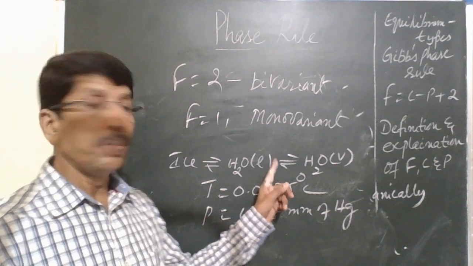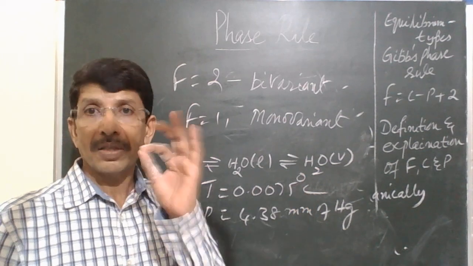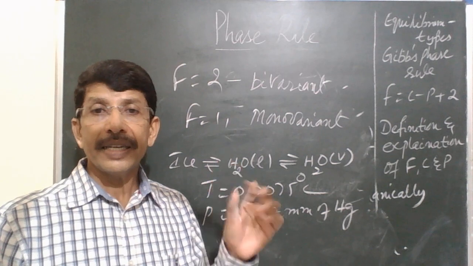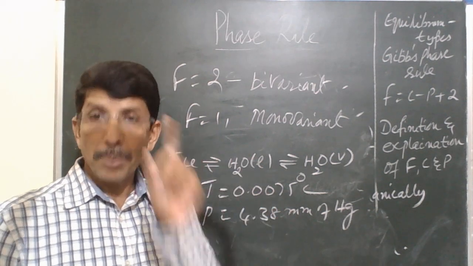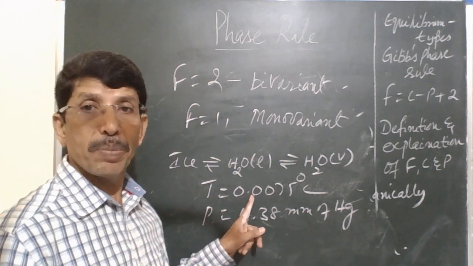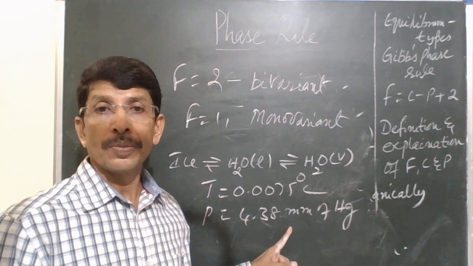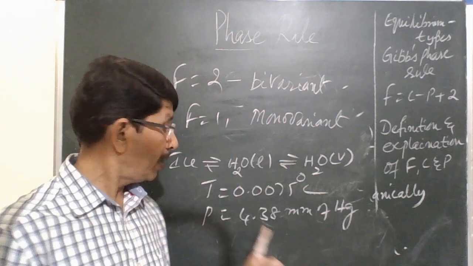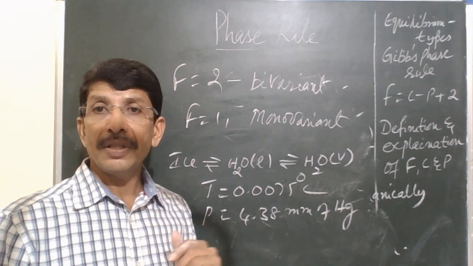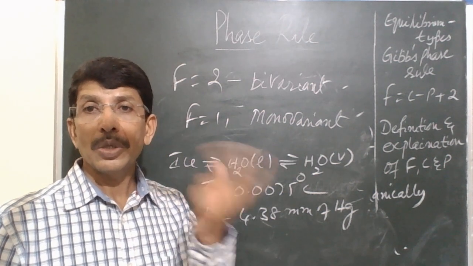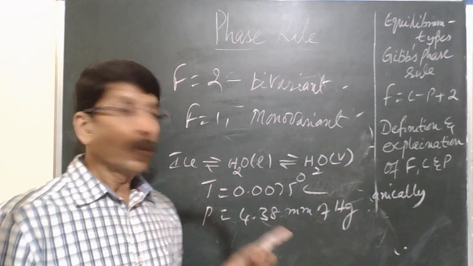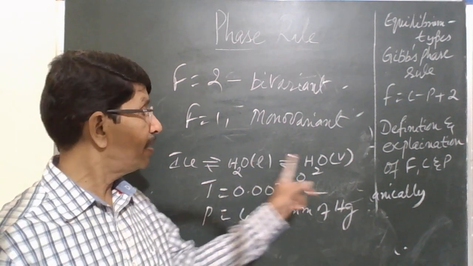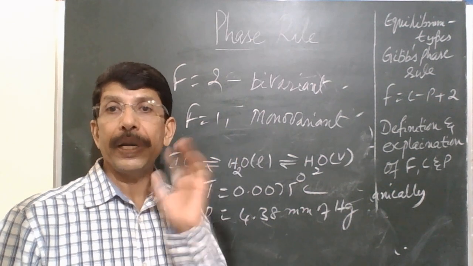Which equilibrium? The equilibrium in which all the three states of water are present is possible only at this temperature and at this pressure. If you change the temperature, one of these three phases will disappear. If you change the pressure, again one of the three phases will disappear. It becomes a two-phase system. Only at this temperature and at this pressure, all the three states of water would be in equilibrium.